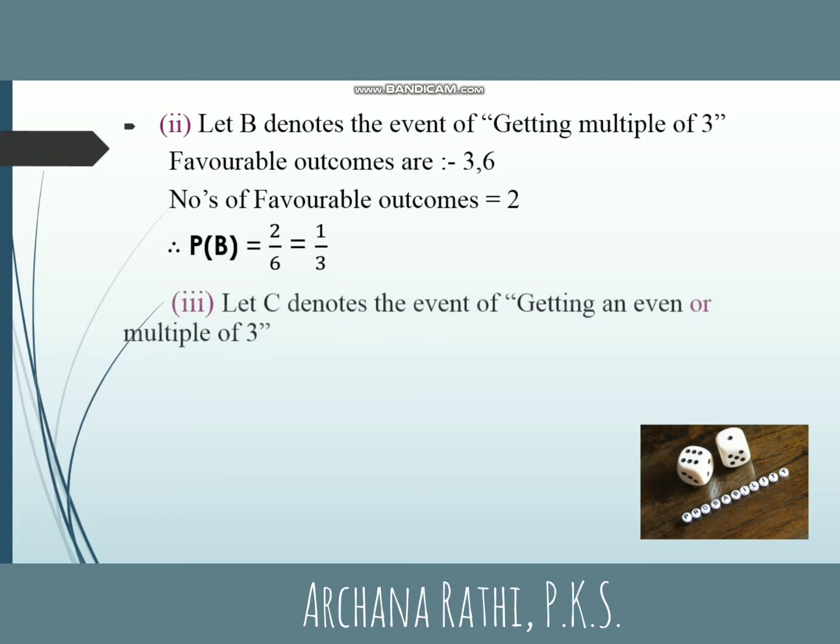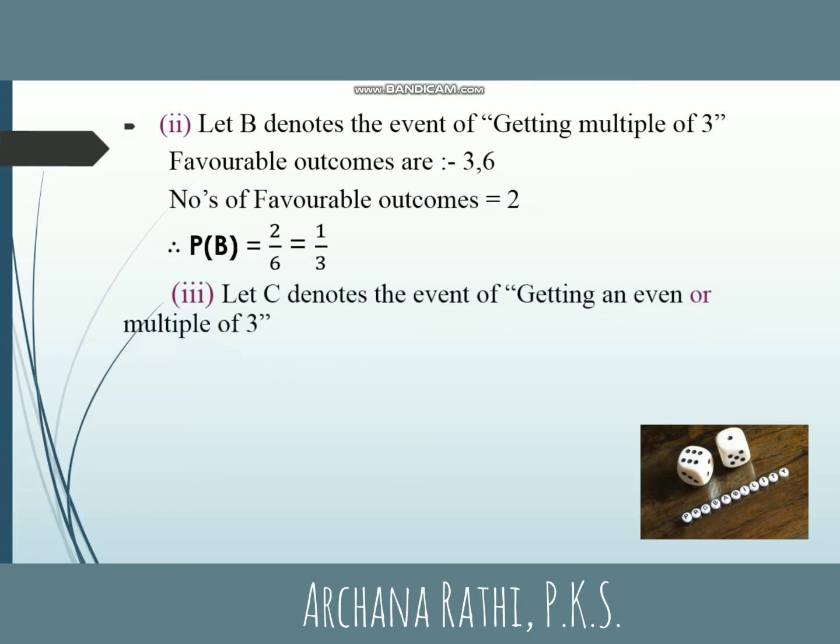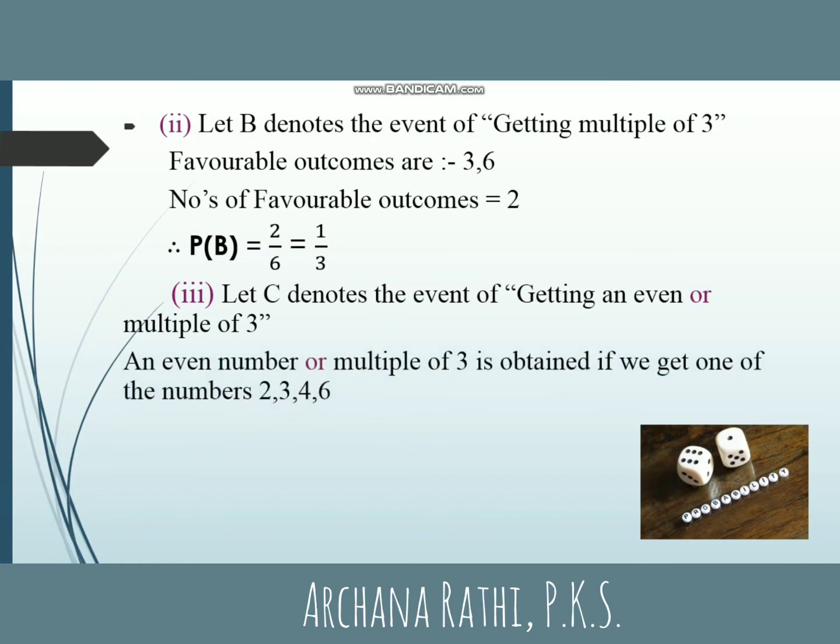Let us discuss the third one. Let C denote the event of getting an even or multiple of 3. Two conditions are given, even or multiple of 3. So what are the even numbers or multiples of 3 if one die is thrown? 2, 3, 4, 6. 2 is an even number, 3 is a multiple of 3, 4 is even, 6 is both even and multiple of 3.